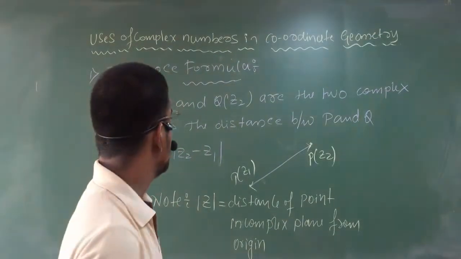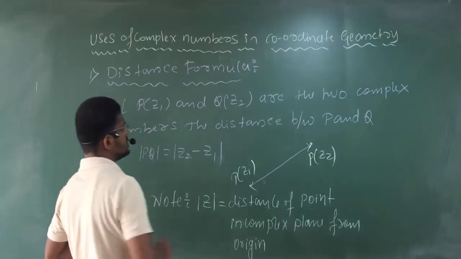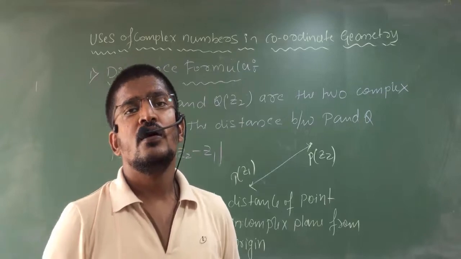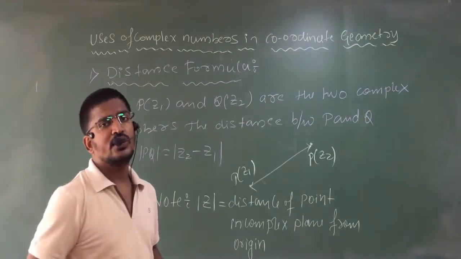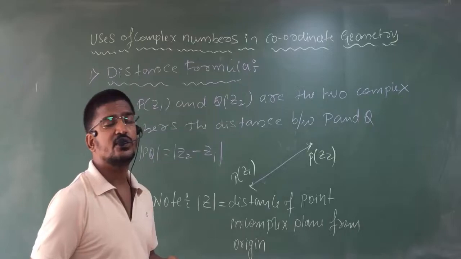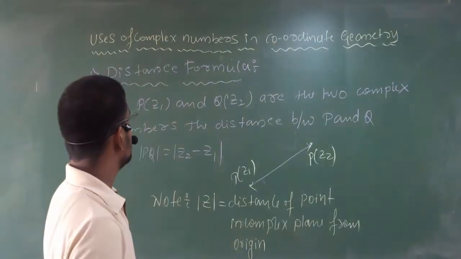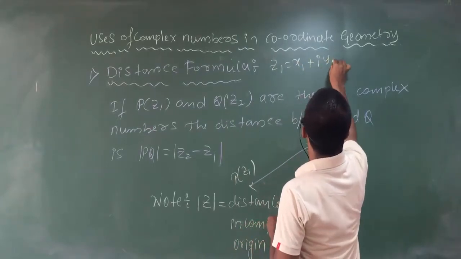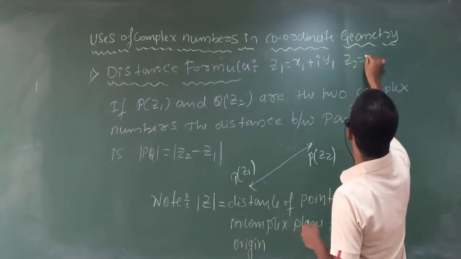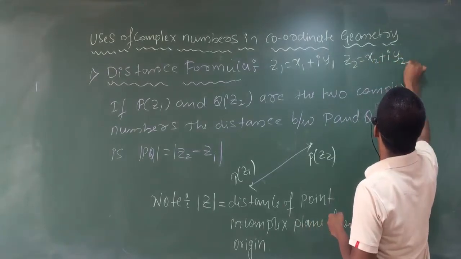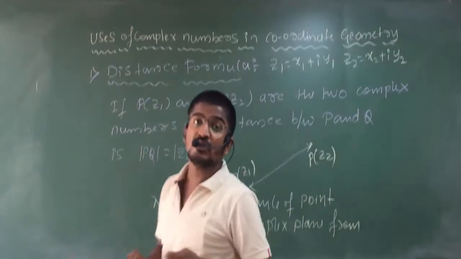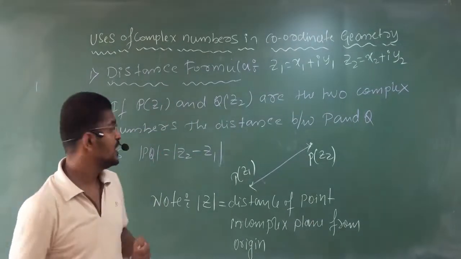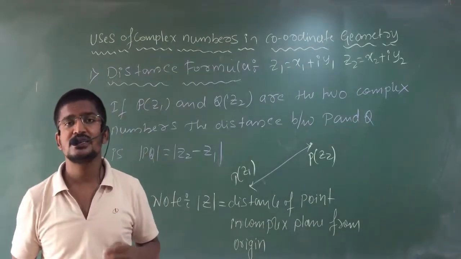Clear, students? Already you know what is mod of Z2 minus Z1? Square root of x2 minus x1 whole square plus y2 minus y1 whole square will be your mod of Z2 minus Z1, because your Z1 will be x1 plus I y1 and Z2 will be x2 plus I y2. So if you want to calculate the distance of P to Q, you are going to calculate mod of Z2 minus Z1.